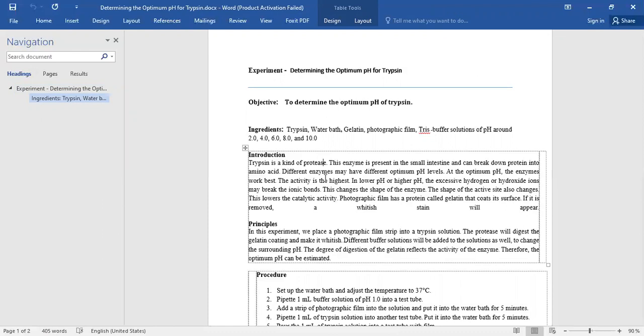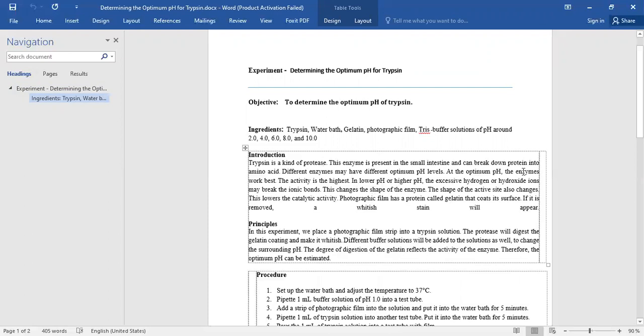In this experiment, we are taking gelatin, which will be hydrolyzed by the trypsin, and when it digests the gelatin, we can detect the best pH for the trypsin.